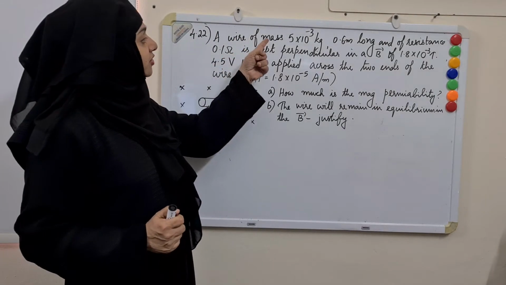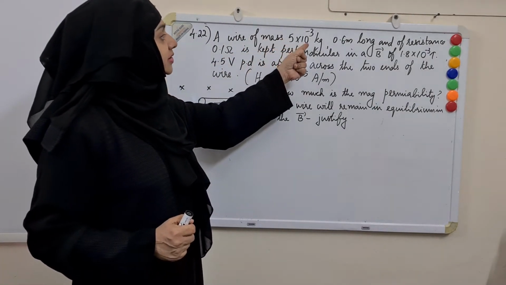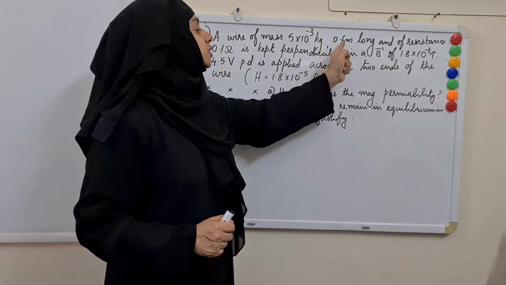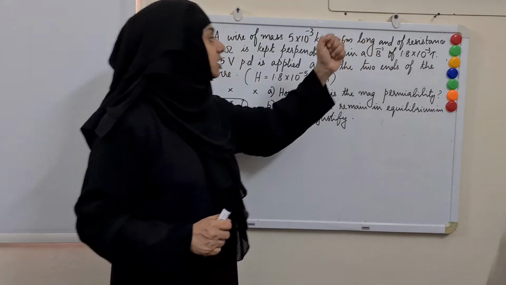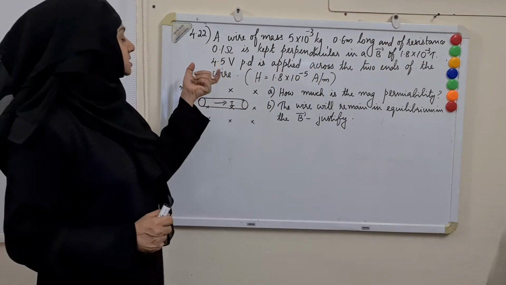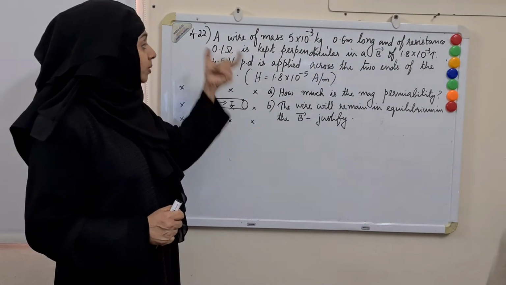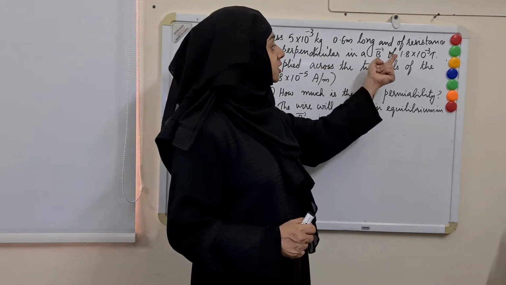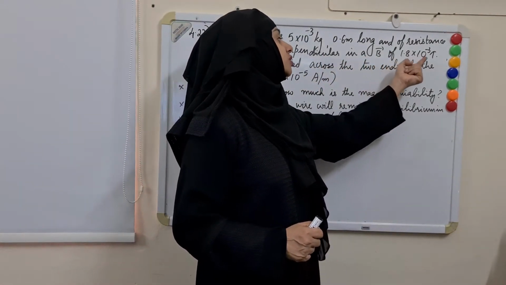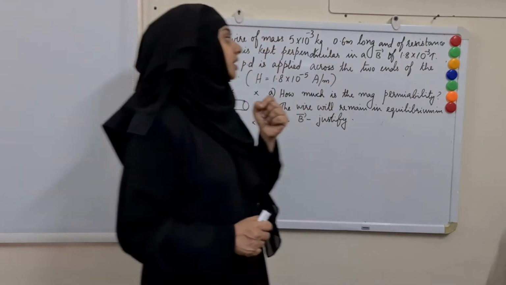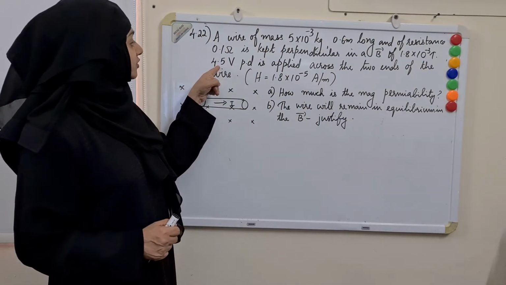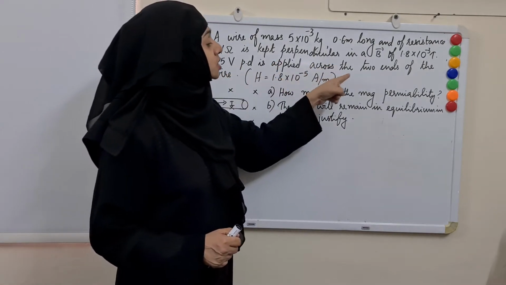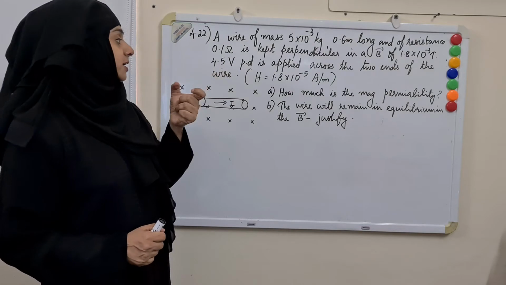A wire of mass 5 into 10 raised to minus 3 kilogram, 0.6 meter long and of resistance 0.1 ohm is kept perpendicular in a magnetic field of 1.8 into 10 raised to minus 3 Tesla. 4.5 volt potential difference is applied across the two ends of the wire.